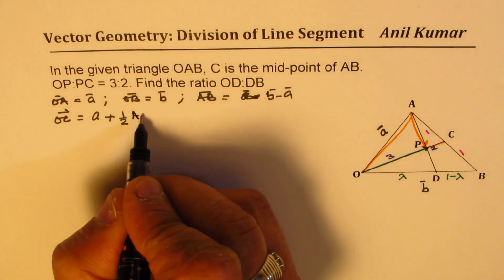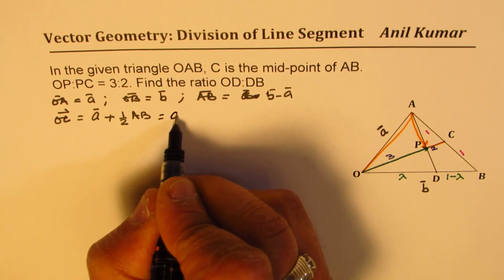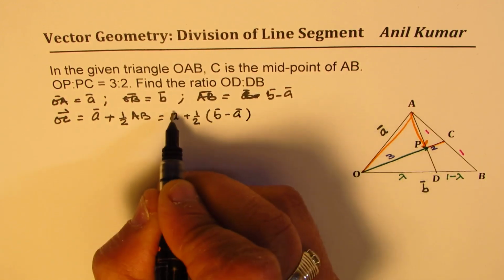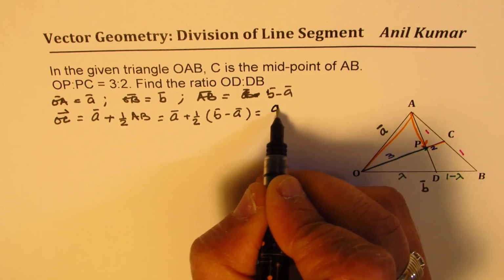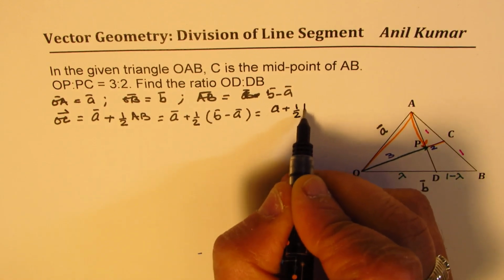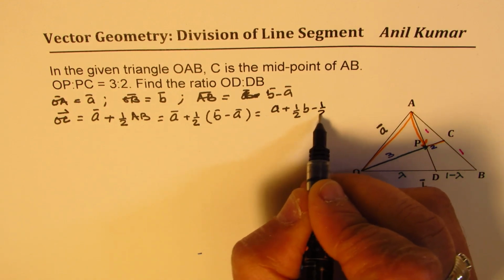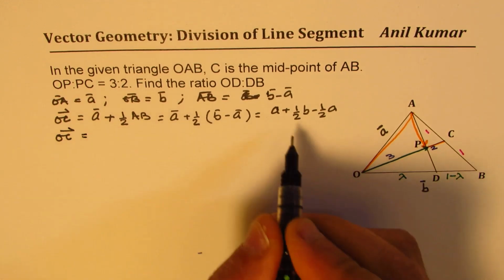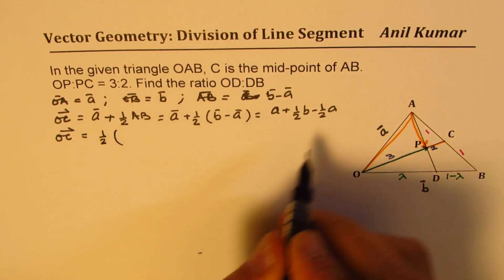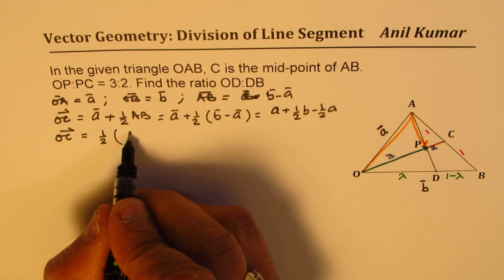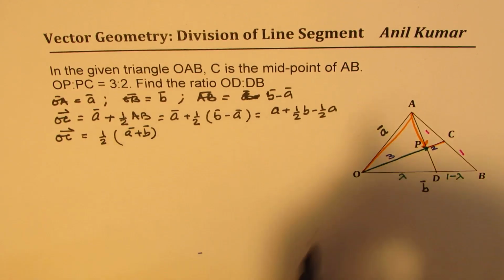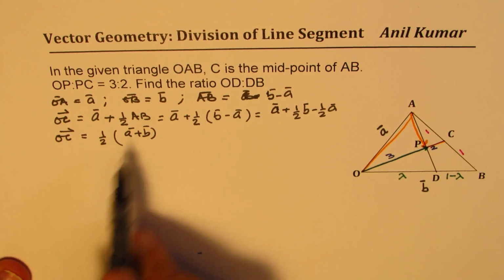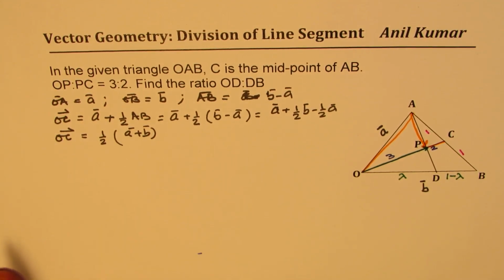So that means A plus half of AB, which is B minus A. So that gives you A plus half B minus half A, and that gives you that OC is basically equal to half of A plus B. Okay, so these are vectors. So we got what OC is. OC is half of A plus B.